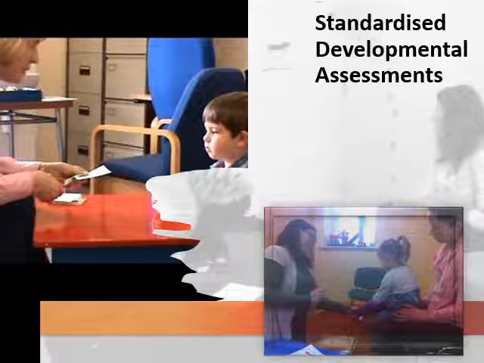This allows you to place the child on a norm referenced distribution curve, showing where they fall from the theoretical 100 children, in the percentile from 1% being the lowest to 100% being the highest level of performance.